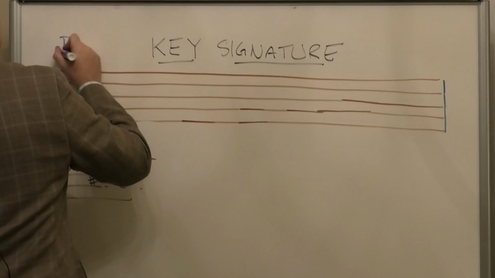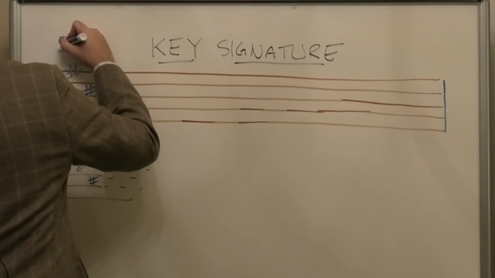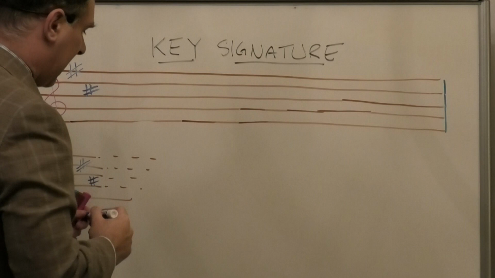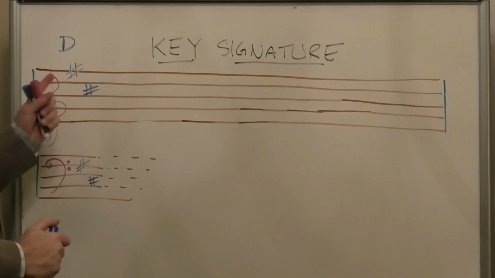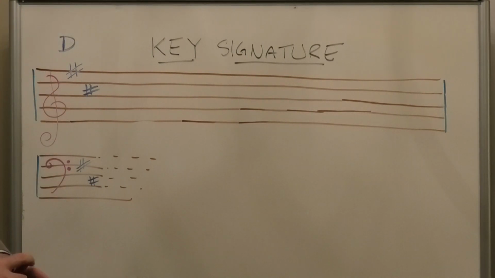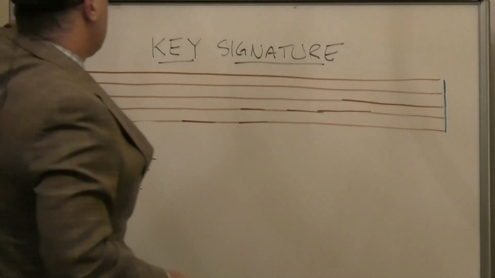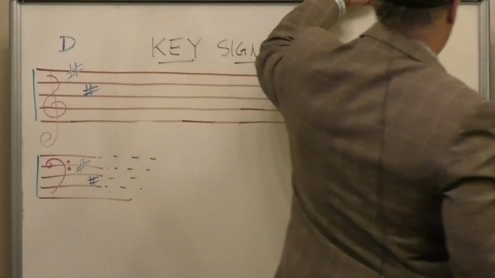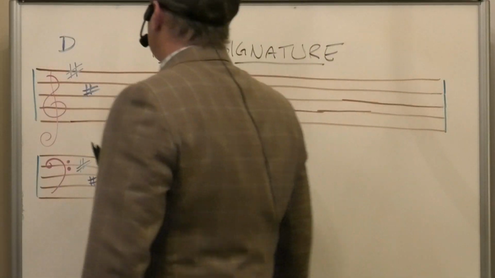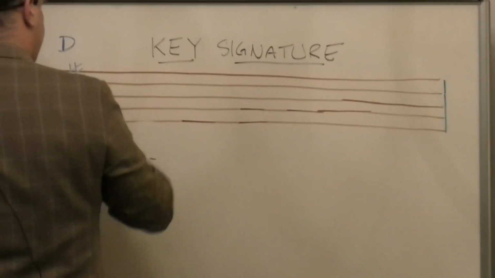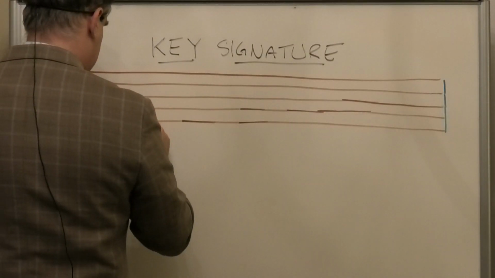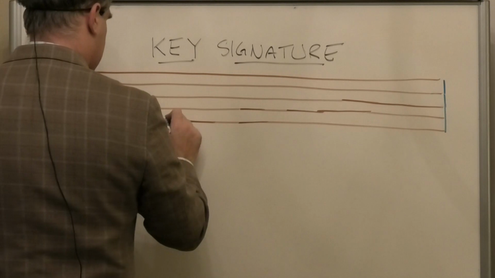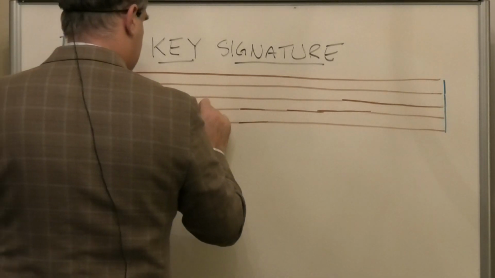Now this doesn't really help you that much. We're going to get into explaining exactly why we're adding the sharps we are another time. And that's going to all make sense. It's complicated, but it will make sense. So this would be the key of D right here. D, E, F sharp.